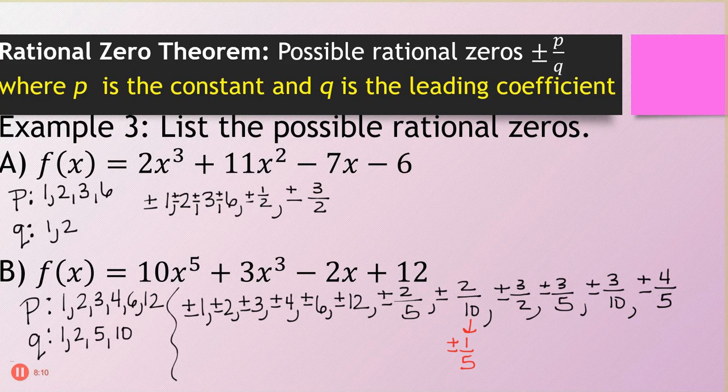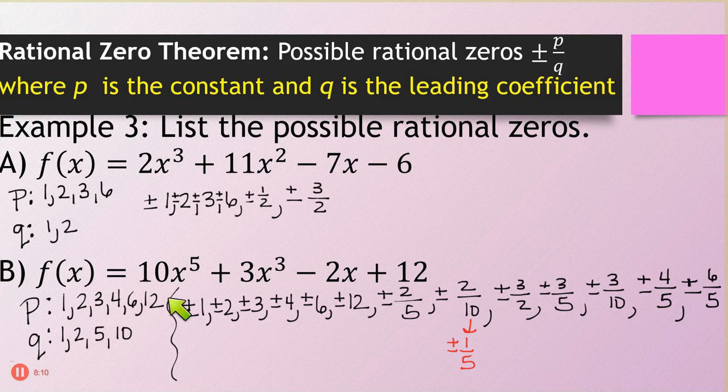All right, now let's go to 6. We have 6 divided by 1, which we have. 6 divided by 2, we have. 6 divided by 5 and 6 divided by 10. Well, 6 divided by 5 is a new one, and 6 divided by 10 reduces to 3/5, and we already have that one.